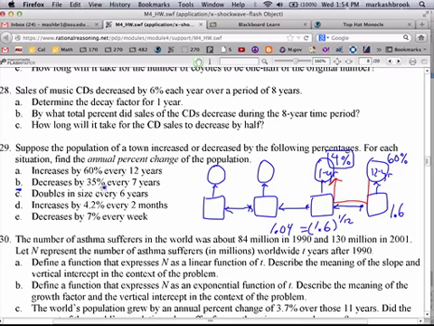Okay, so it decreases by 35% every 7 years. Suppose this is 7 years here. So I'm decreasing 35%, and I want to get the corresponding percent change for 1 year.